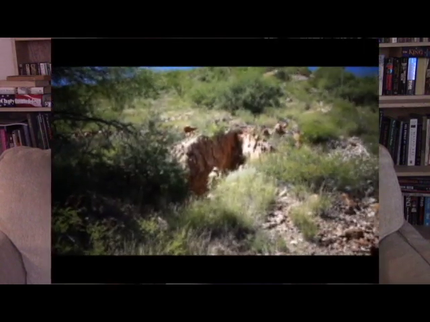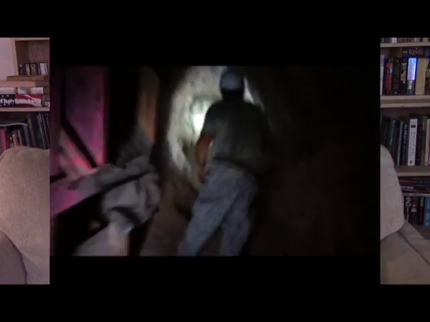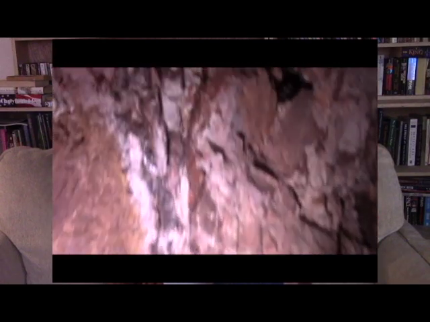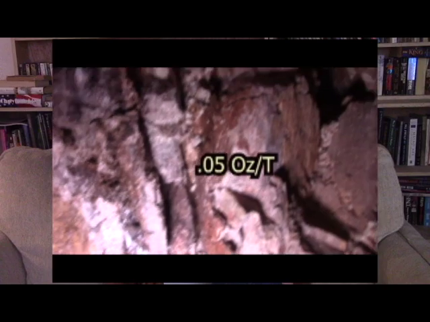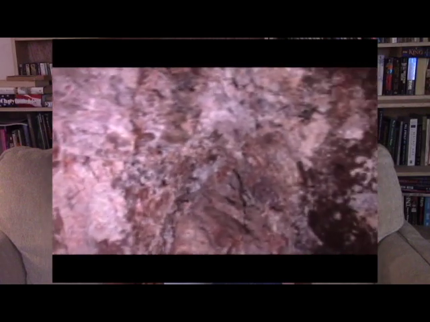If you go in the main portal and go all the way back to the end of the adit, the working face there, I got a sample that ran an estimated 0.05 ounces per ton. Okay? Now, the assay from that came back at 1 part per million, which is 0.003 ounces per ton.